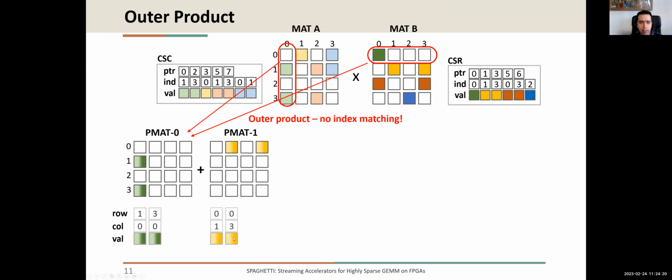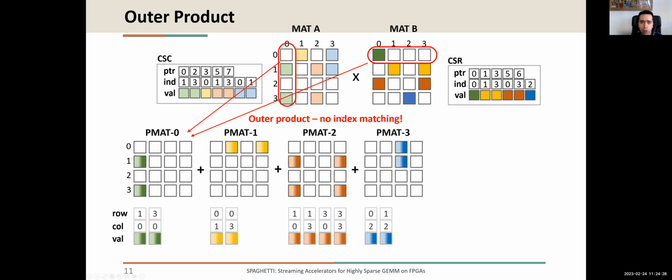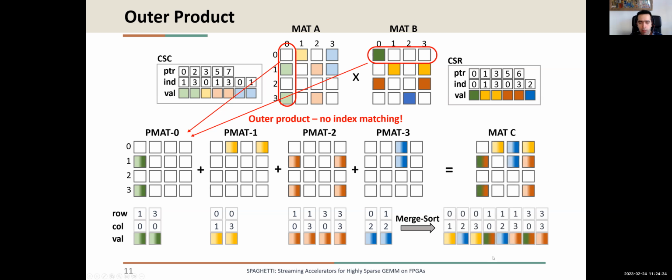If we do the same thing for the rest of the pairs of columns and rows, we will get 4 partial matrices, right? Because we have 4 columns, 4 rows. And when we merge these 4 partial matrices together, we'll get the final matrix.